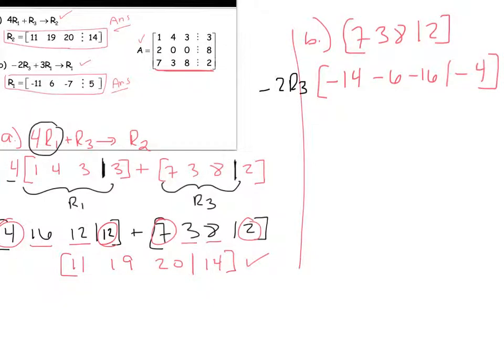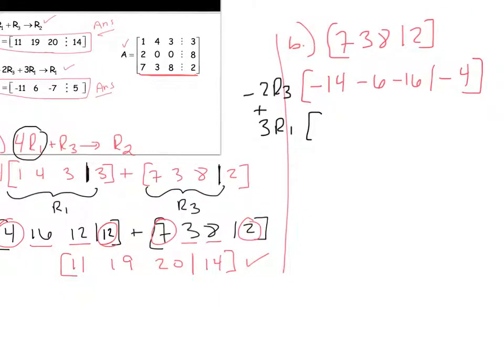And now I'm going to take 3 times row 1, and I'm adding these together. So 3 times row 1, that's this row. 3 times 1 is 3. 3 times 4 is 12. 3 times 3 is 9. And 3 times 3 is 9 again right here.